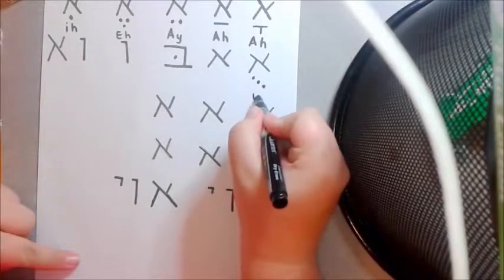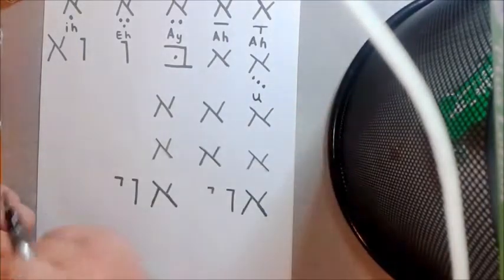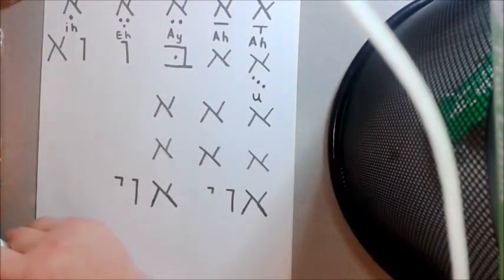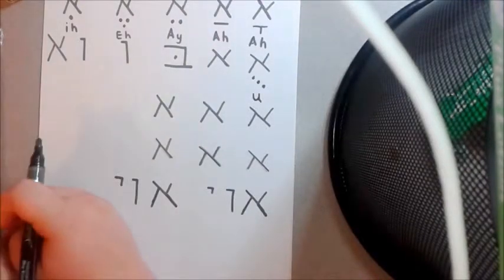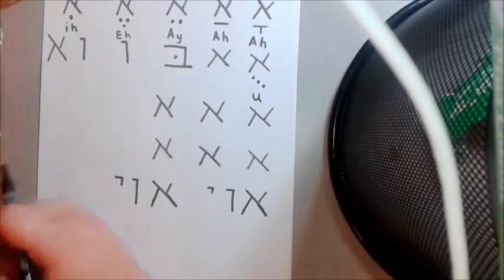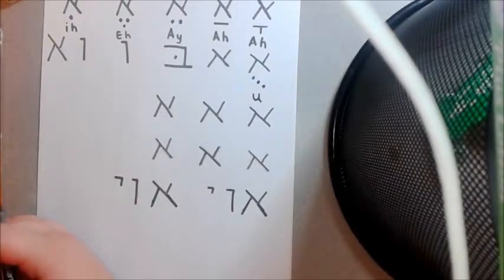Okay, now I hesitate on that one because I have heard in one source that this is as in put. I have also heard that it is as in zoo. I've never encountered someone actually speaking Hebrew where you can hear the difference. It's very subtle if it's there at all.